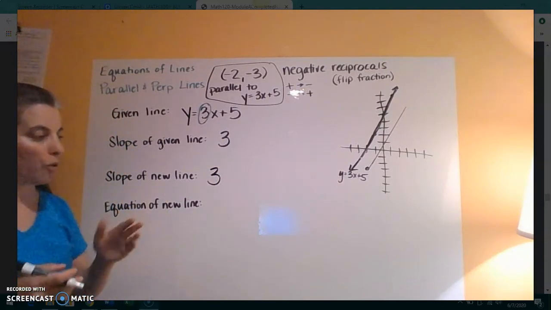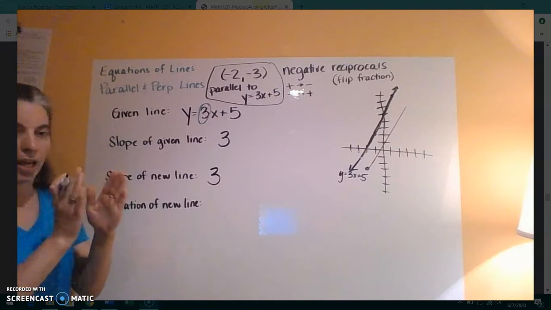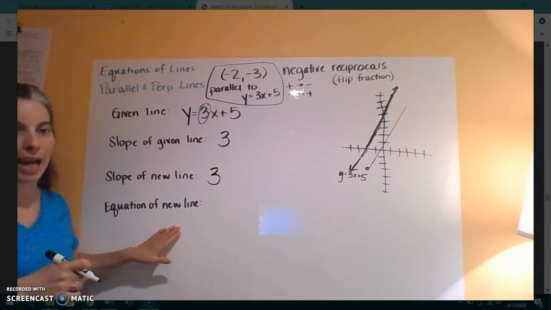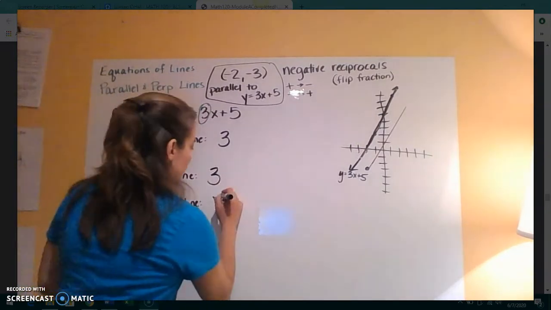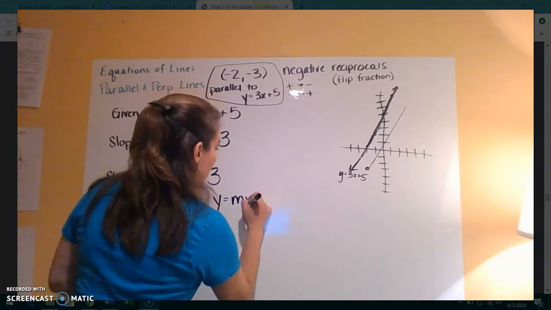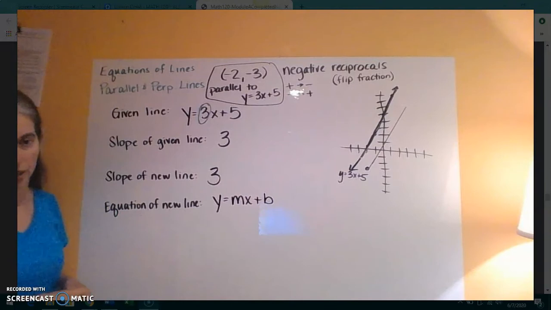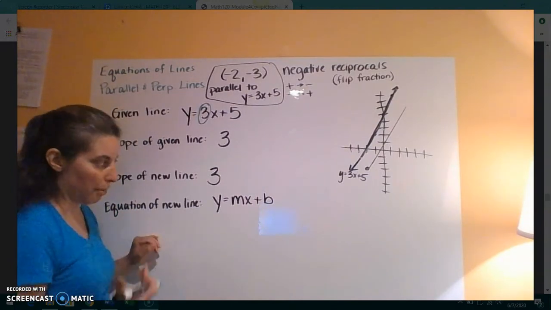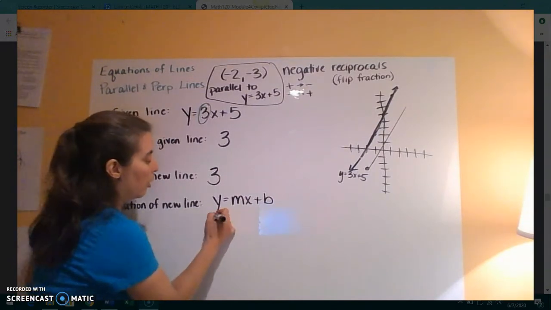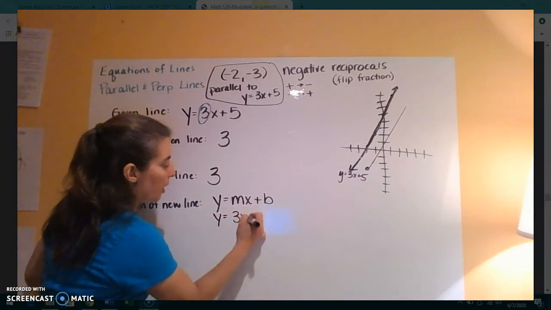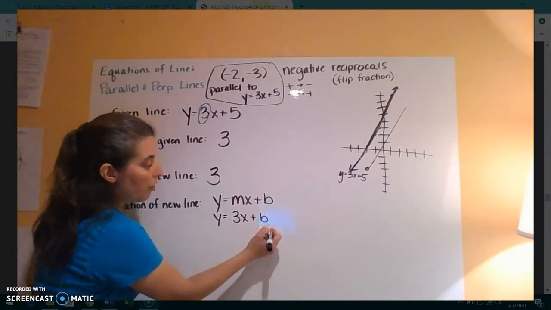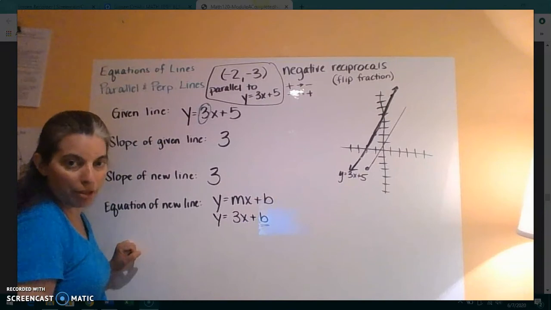Because the slope of two parallel lines has to be the same. Now I want to write the equation of this new line. When I'm writing an equation, I like to always start out by writing y = mx + b at the top of my work, just to remind myself. So what do I know? I know that my slope has to be 3, and I still need to get a number for b.